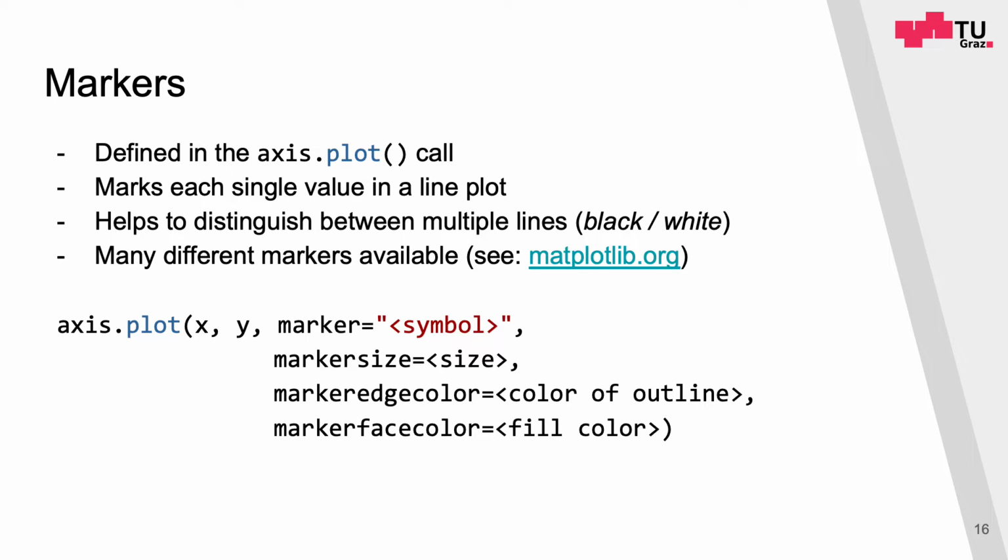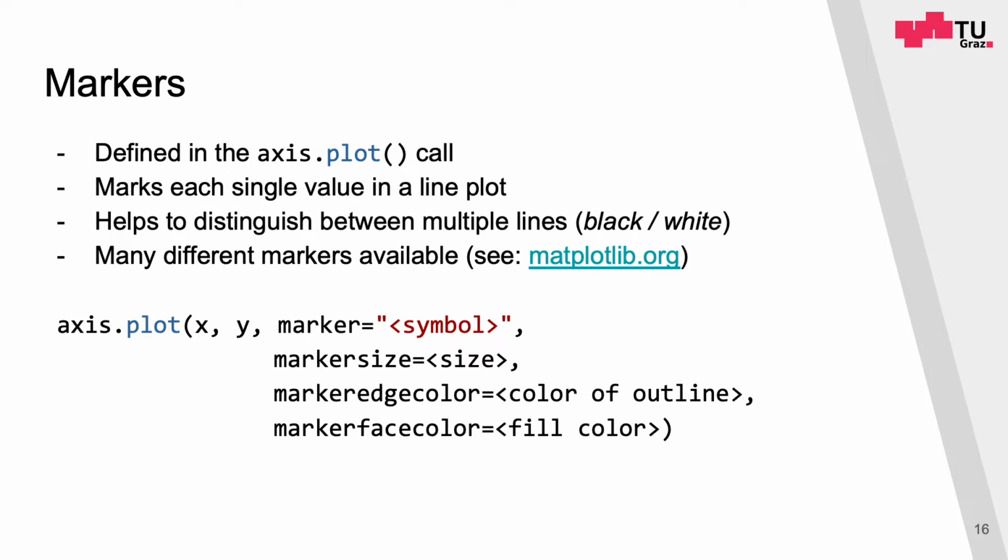And yeah, as stated in the first sentence here, the markers are defined in the axis.plot method call. So in the plot function, the first two arguments are basically the x and y values, and then you have multiple arguments for the marker.